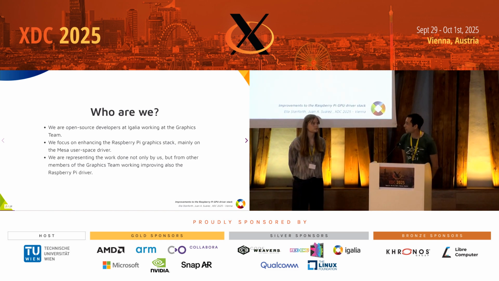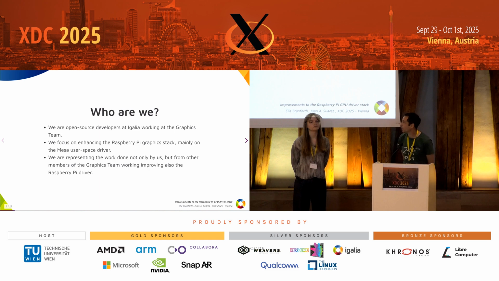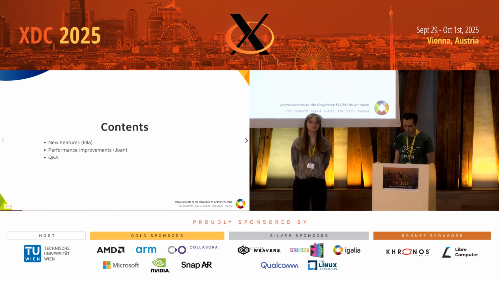It's important to highlight that we are presenting here not only the work done by Ella and me, but also by other members of the graphics team that work on the improvement of the Raspberry Pi driver. So, what I'm going to show here is in two parts.